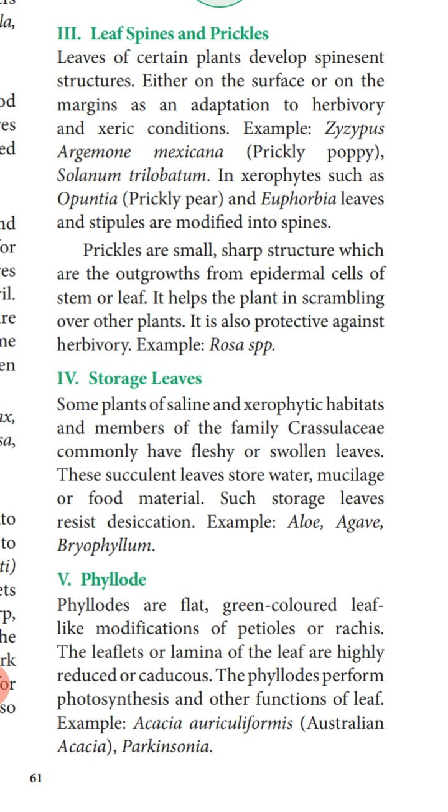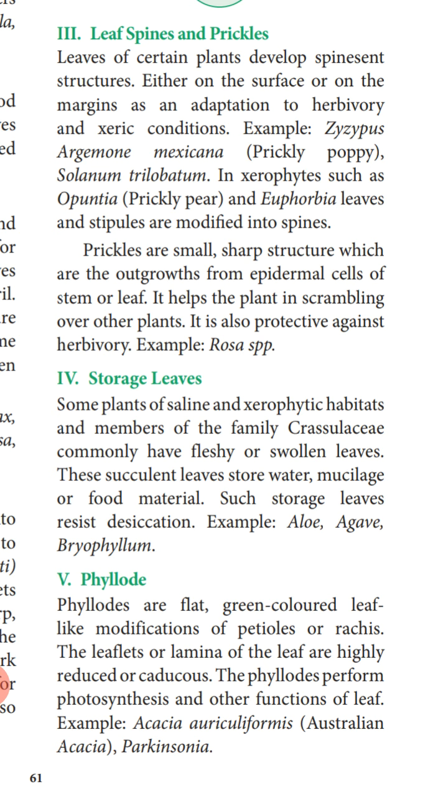That is, in these plants, on the rachis the leaflets are borne, and they will fall down immediately. They will shed down, and what will happen? This rachis becomes flat, green, and performs the function of photosynthesis. This is called the phyllodes.